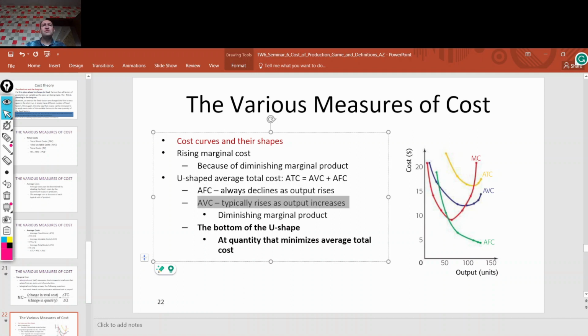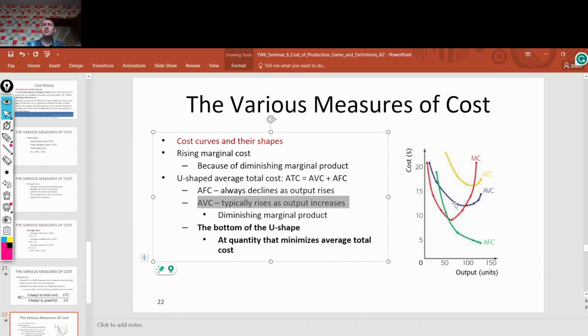Average variable cost will typically increase. We're discussing averages, so it will have an extreme point, some extreme point, right? Remember that thing: when the marginal cost curve intersects the average, the averages are pulled up.